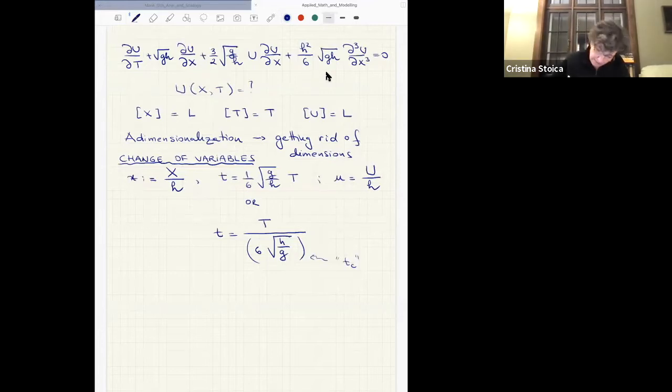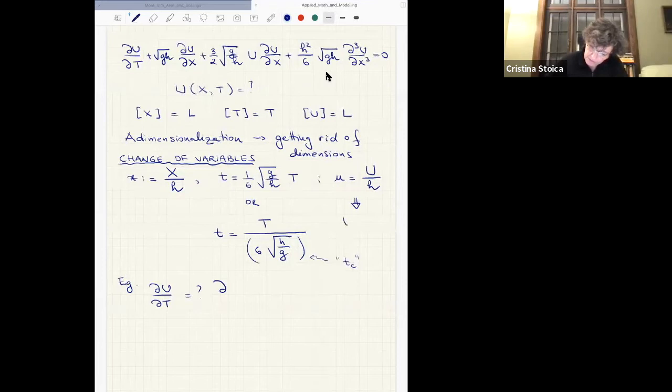So for example, we had dU dT. What would this be in the new variable? This would be d of capital U. What is U in terms of the new variable?